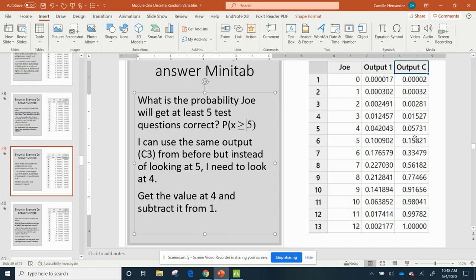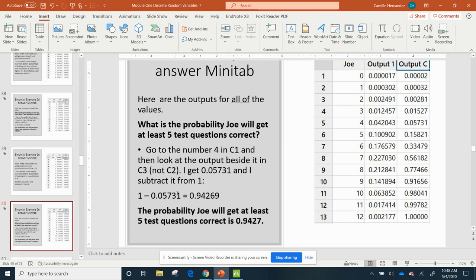So again, remember all these CDF numbers are below, so if I look at 5 and below, but I want 5 and above, the easiest way to do this is to look at 4, and I've got 0.05731. So that is all the times that it's 4 and below. So all I do is get the value of 4 and subtract it from 1.